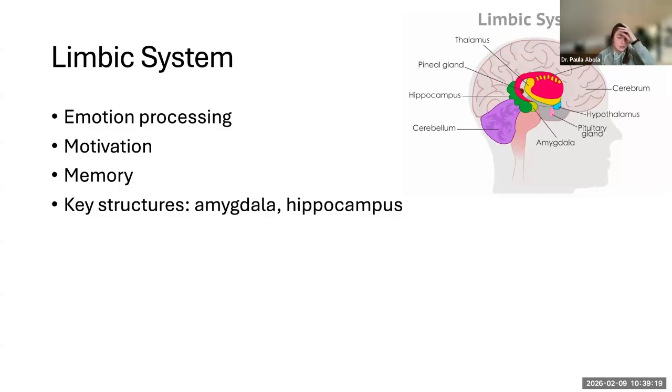Through their interaction, the limbic system helps us learn from experience and adapt our behavior accordingly. When this system is functioning normally, emotional responses are appropriately regulated and integrated with memory and decision making. Damage or dysregulation within the limbic system can profoundly affect mood, emotional responses, and behavior.